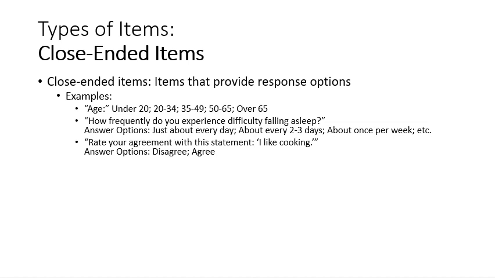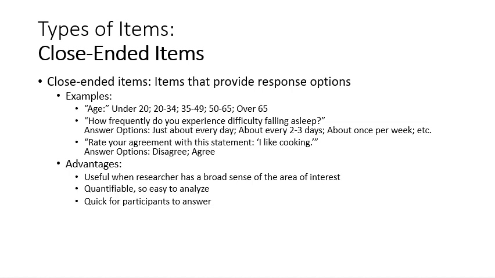Or, how frequently do you experience difficulty falling asleep? Instead of letting a person just write their answer, we have response options: just about every day, about every 2 to 3 days, about once per week, etc. Or, rate your agreement with this statement: I like cooking. Answer options: disagree, agree. Could be just that straightforward.